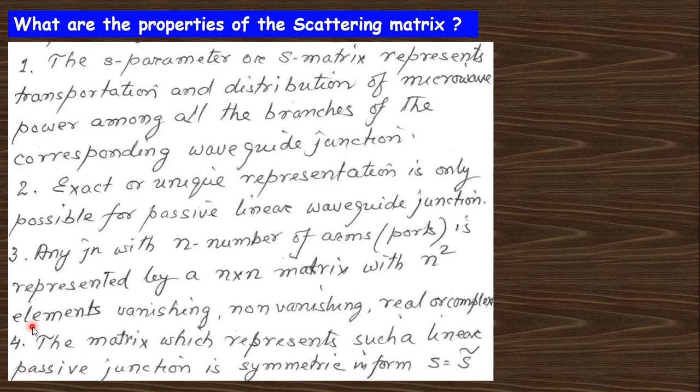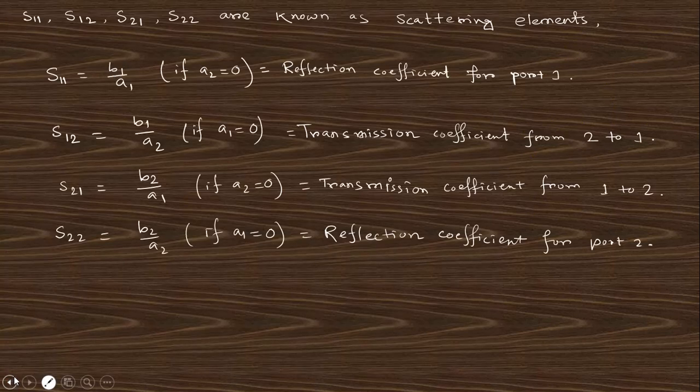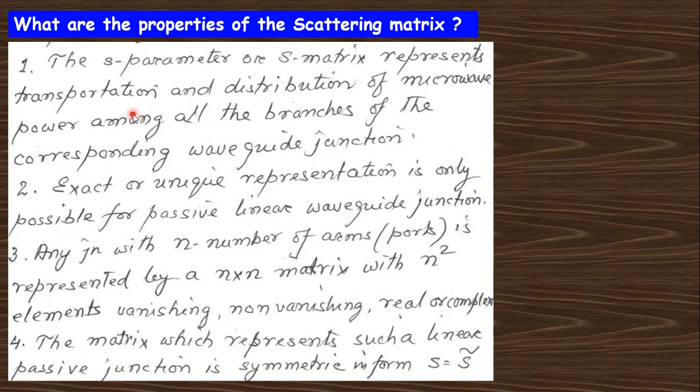Now there is an important thing, that is the properties of the scattering matrix. We need to know about the properties of the scattering matrix, or the S matrix. Okay, the scattering matrix or scattering parameter represents the transportation and distribution of the microwave. You can see here this matrix represents the reflection and transmission coefficients. So this is the transportation and distribution of microwave power among all the branches of the component.